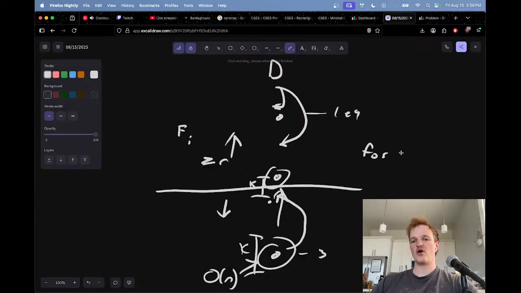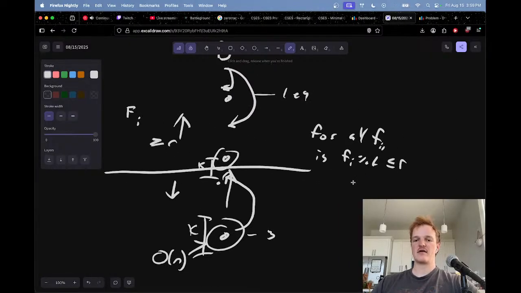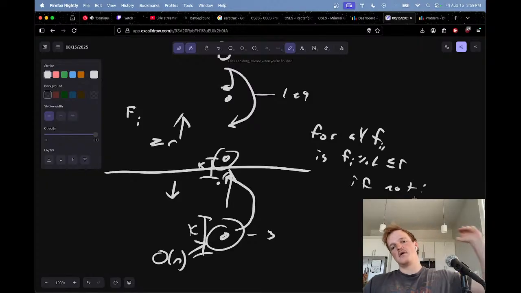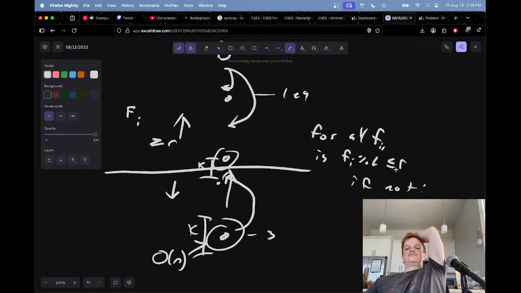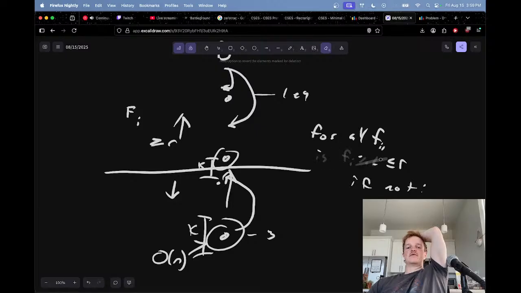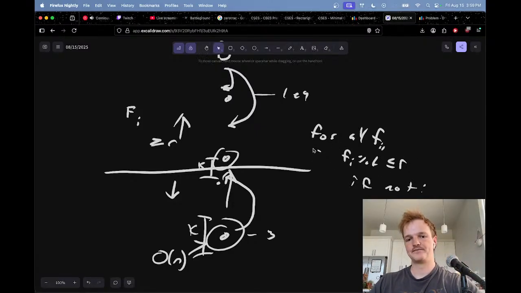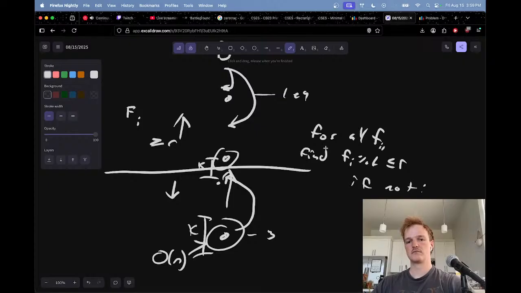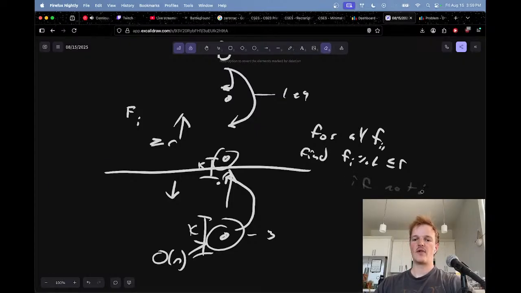So for all f, is f sub I percent L less than or equal to R in this interval of size k? If not, I don't even think you say is it, you just say find that. And then you slide the window through.